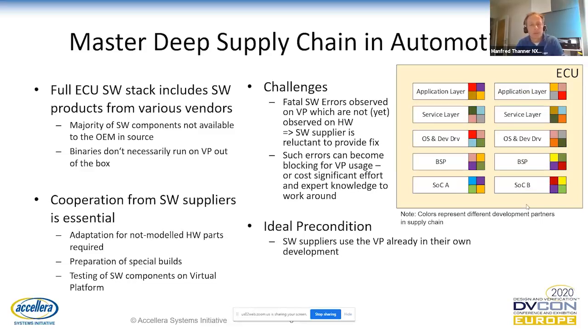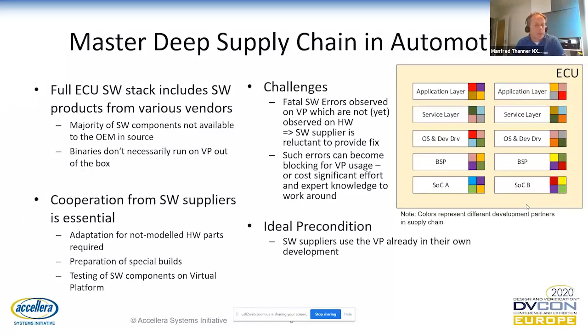Some of them are delivered in source, they may be ported in source, some of them are integrated in binary only because of IP protection and as well on reliability. What does it mean in terms of automotive virtual prototype? The cooperation is very essential between the different development partners because of the deep supply chain.